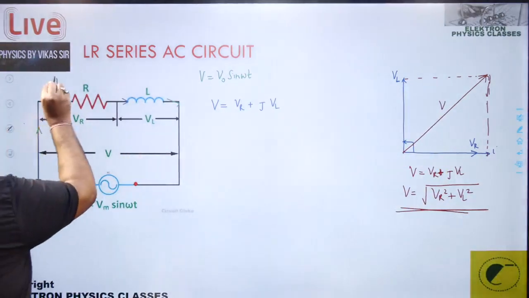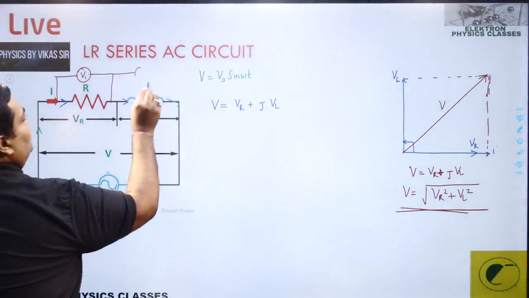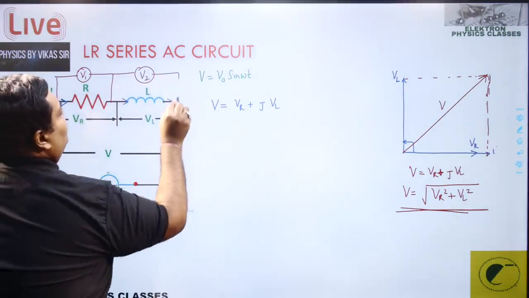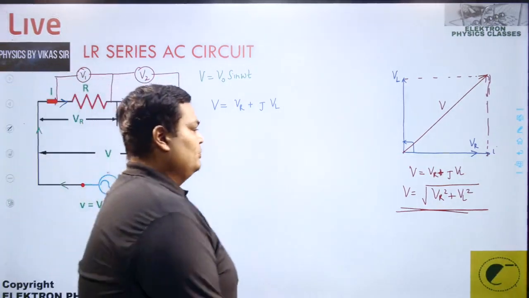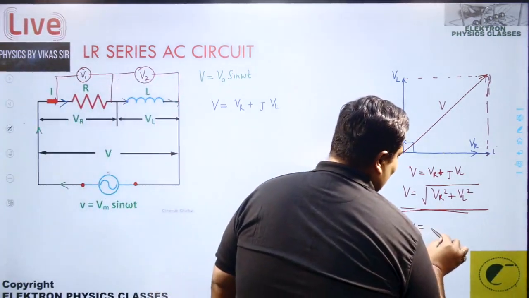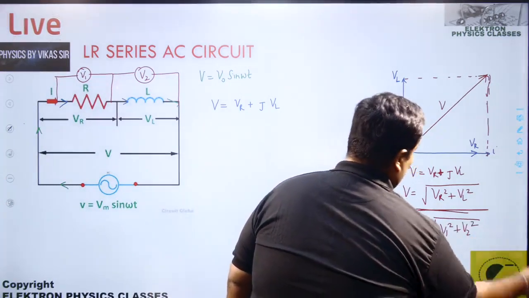You can apply a voltmeter over here, that's V1. You can apply a voltmeter over here, V2. Of course, that is going to be the hot wire voltmeter. So V is supposed to be nothing but root of V1 square plus V2 square.